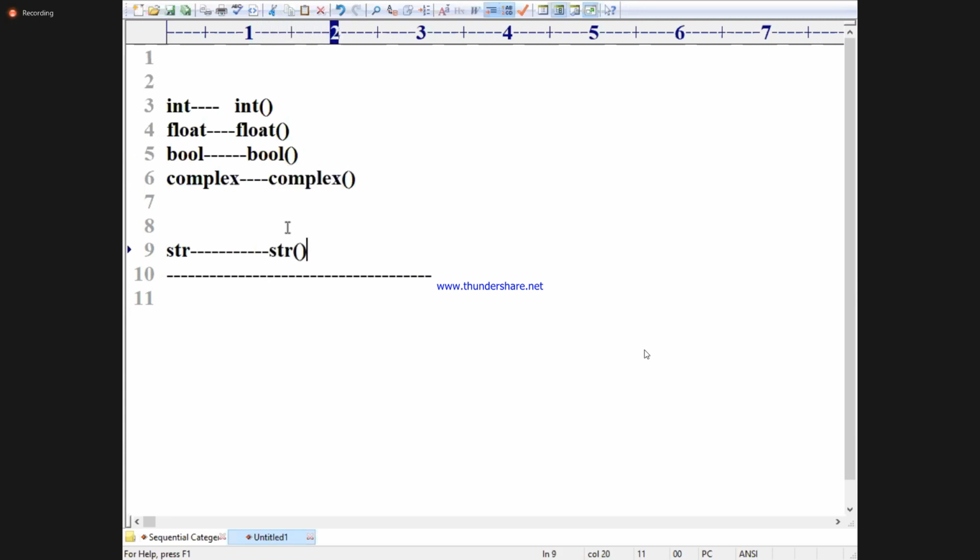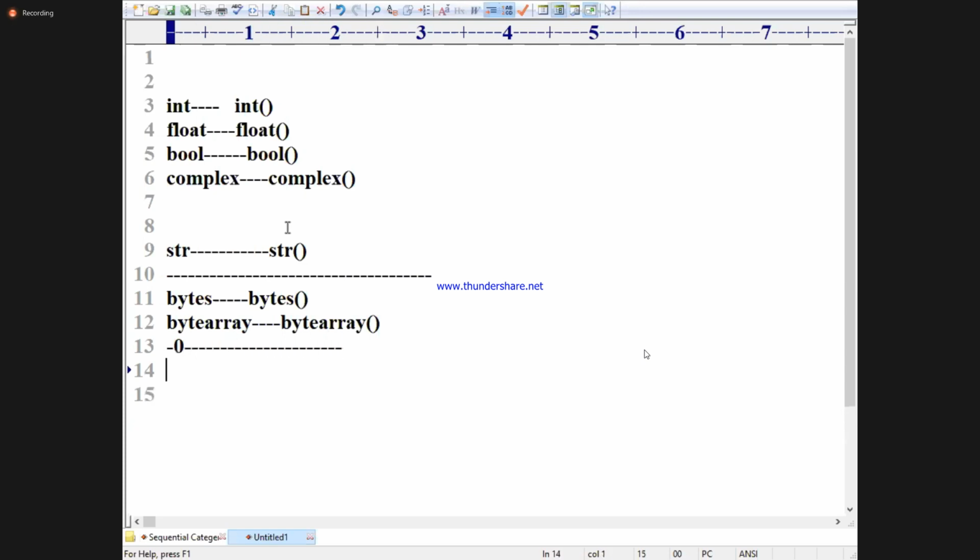Str of. Next, which we are going to discuss further: bytes of. Next, byte array of. What is that function? Byte array of. Like that, I don't write this. You are understanding that entire stuff. Do you understand or not?